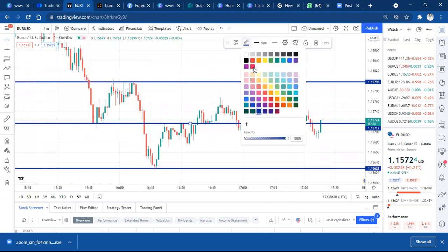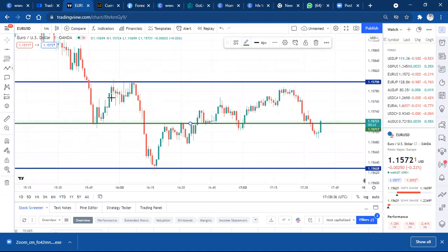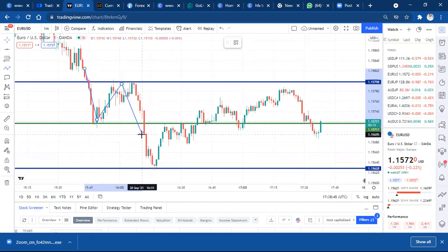Because I'm going to change it to green, because you can see price came from here. When it got here, it acted as a support and price bounced back, broke it. And by the time it's coming back, it became resistance. Price broke it.